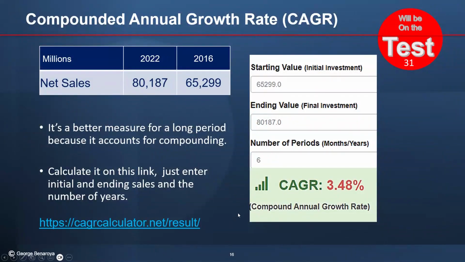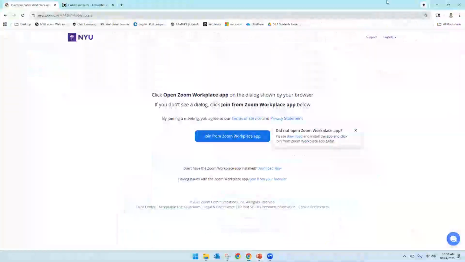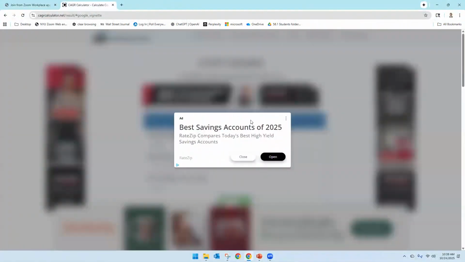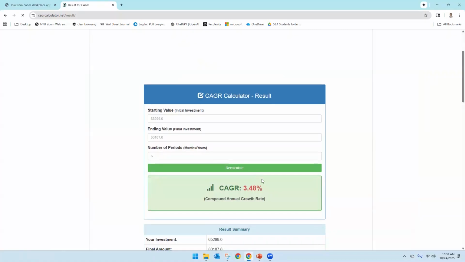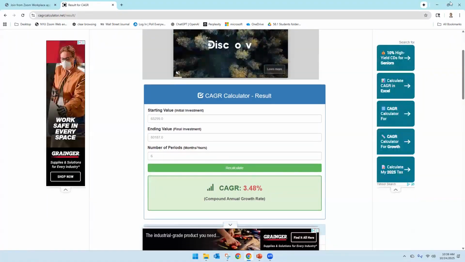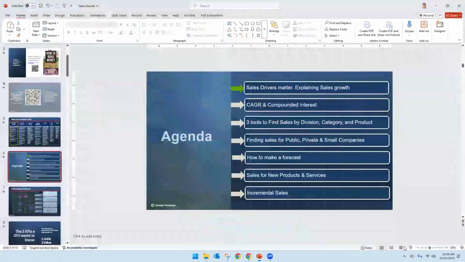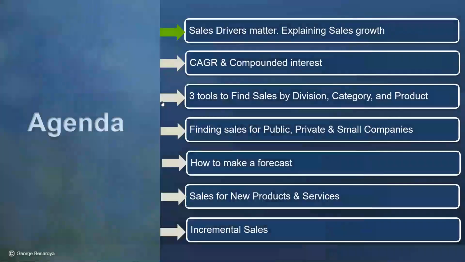So let me go back to that number, 8187. And this one will happen for 8 years. So when I put 6 years and I press calculate, it will get me to the 3.48%. So that would be a real good way for you to be able to calculate the compounded annual growth rate, or CAGR.